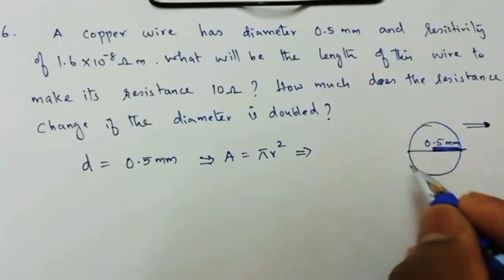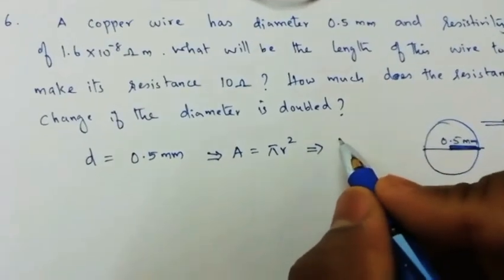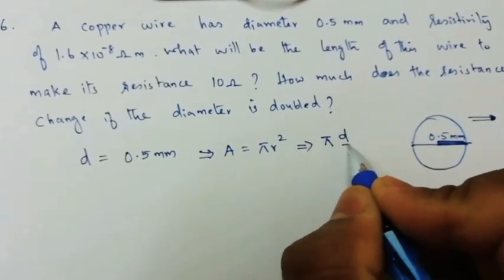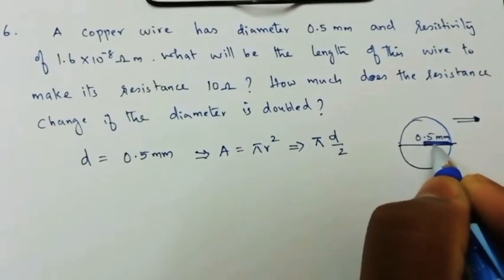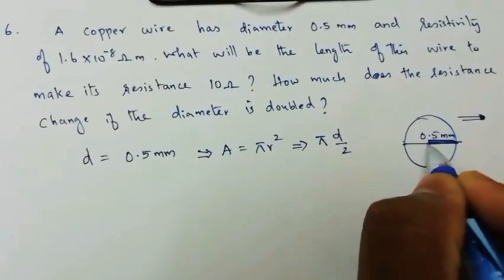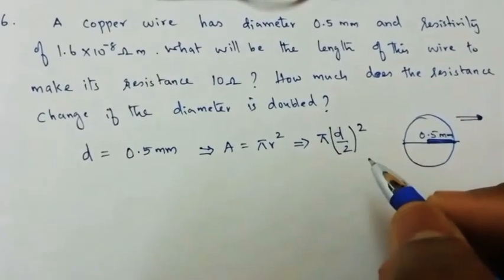But they have given the diameter, the full. So we'll write pi times d by 2, that means half of the diameter is the radius, so we write d by 2 the whole square.